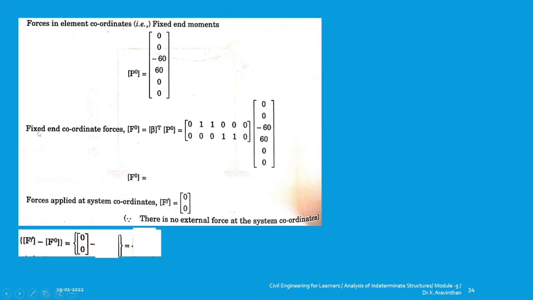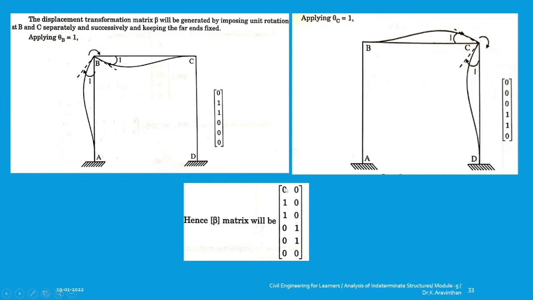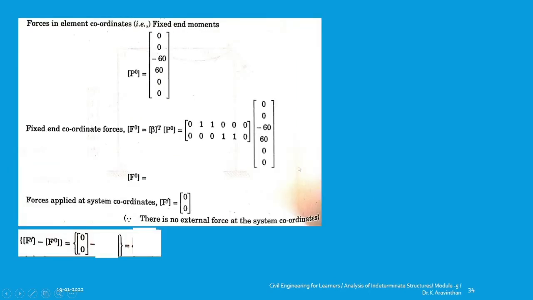Now how to find fixed end coordinates, that is F naught is beta transpose into P naught. P naught you know here, and for beta transpose you have to make columns into rows. You had the matrix like this. Now make the first column into the first row and the second column into the second row. That is known as transposition.